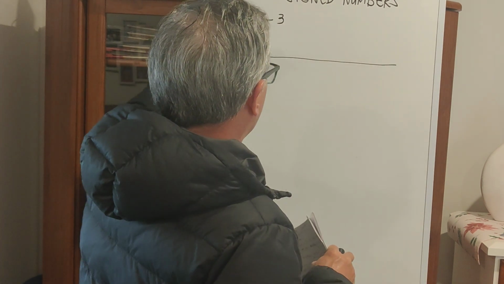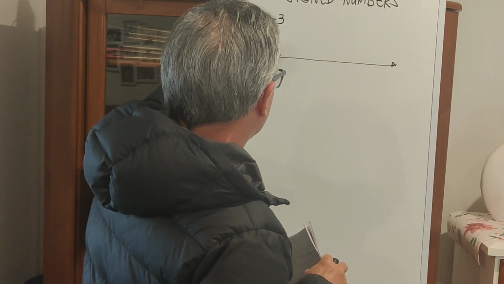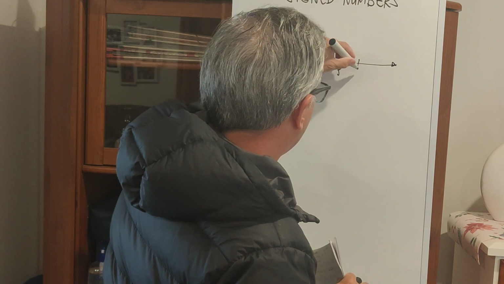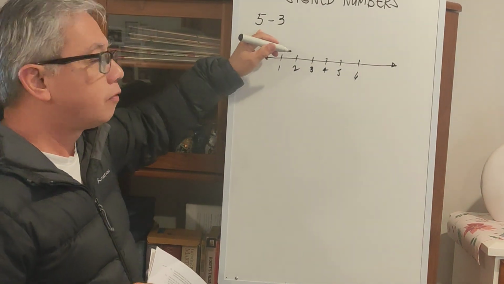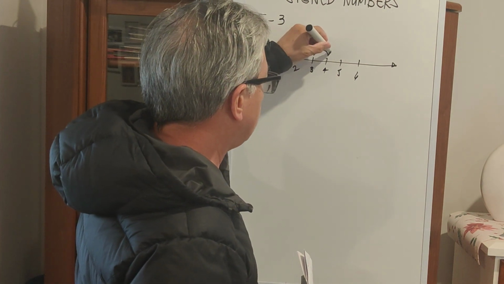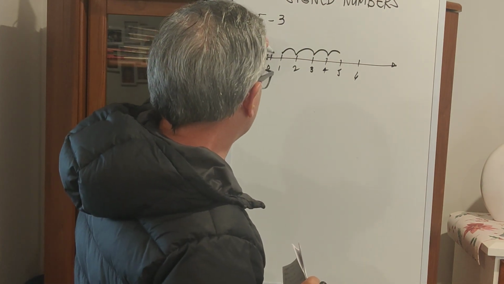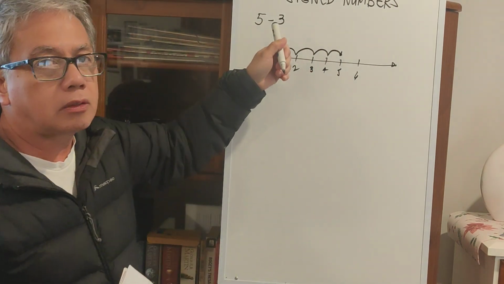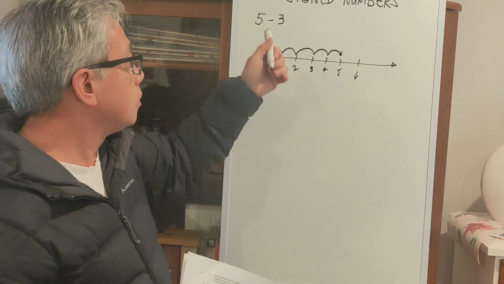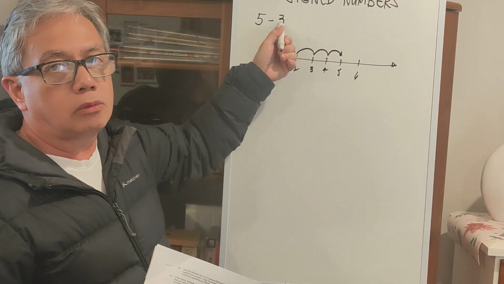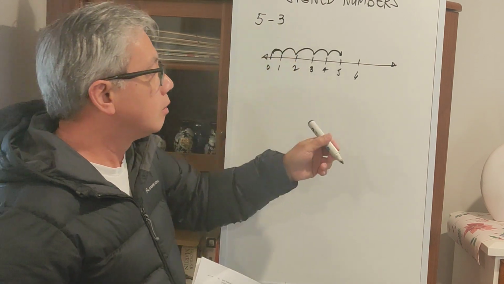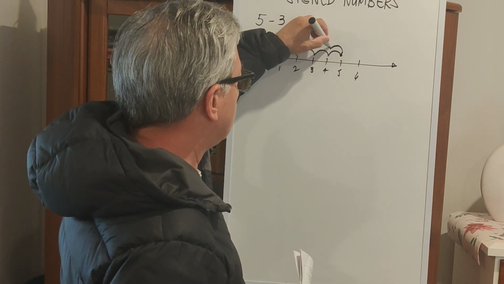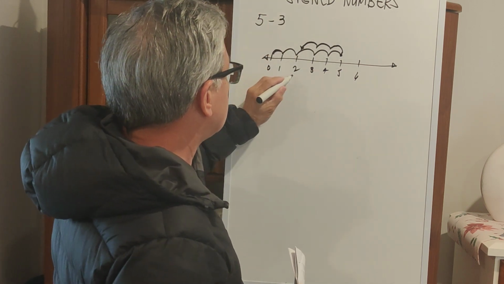From your number line, you start at 5. And then you subtract 3. You change the direction, or you make this one into a negative number, and then you add. So this one becomes negative 3, you add negative 3: 1, 2, 3. So your answer will be 2.